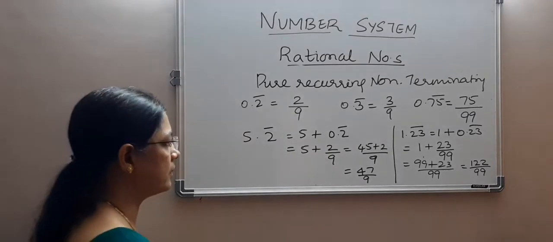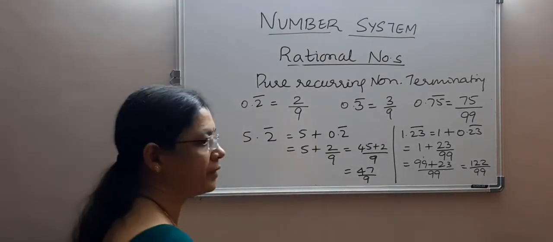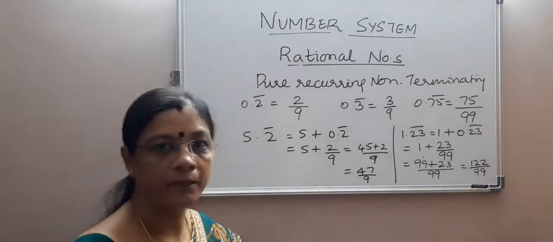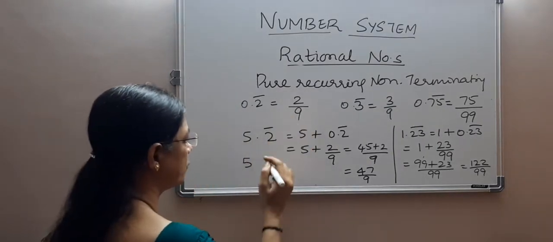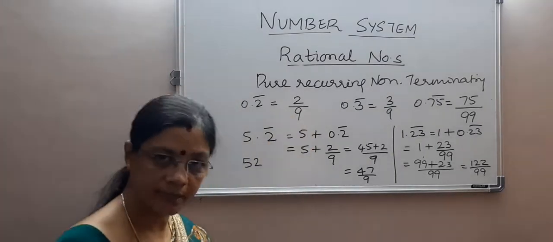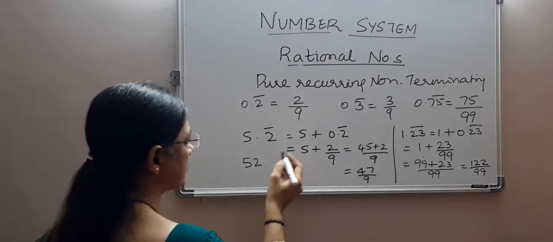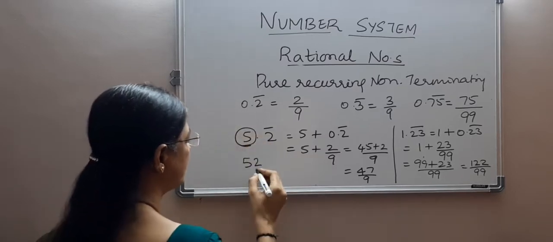Now if you observe, this 5.2 bar becomes 47 by 9. Even I can bring it easily, directly. I drop the decimal point, I drop the bar, I get 52. Then how do I get 47? I just need to subtract this 5.